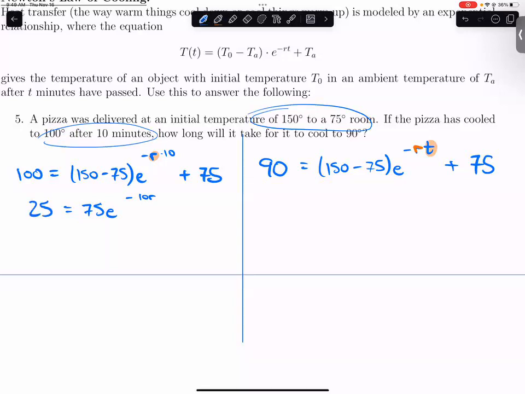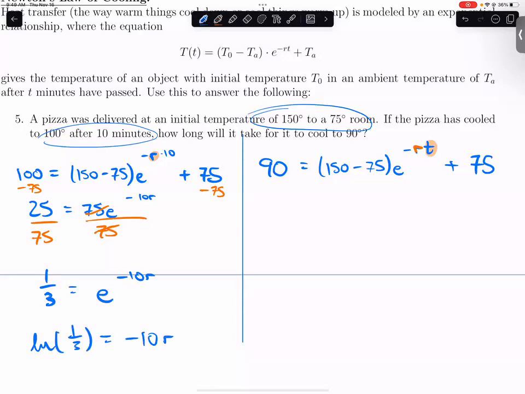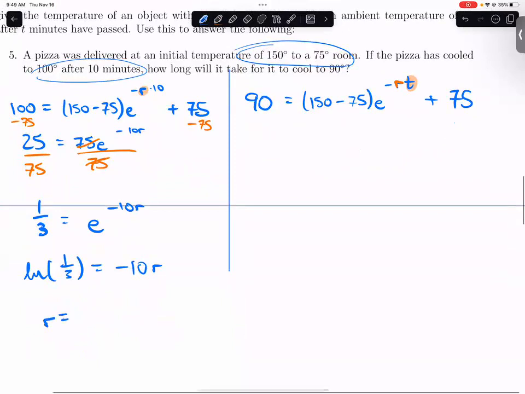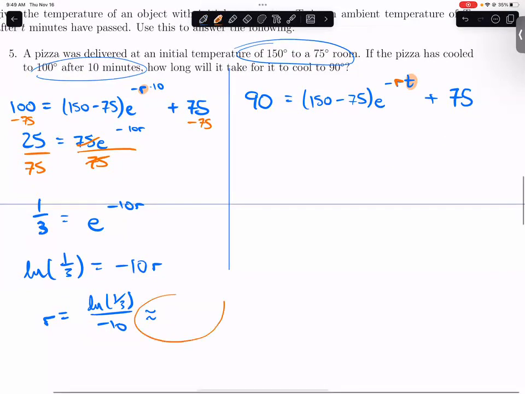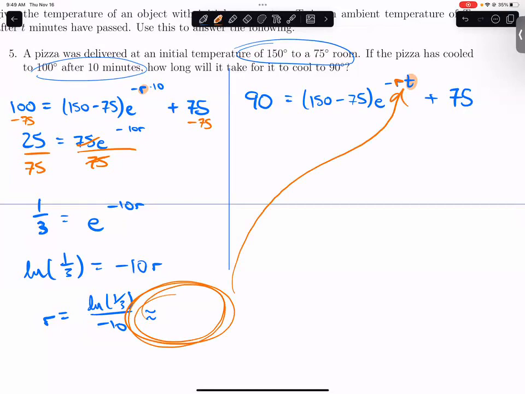I'm going to subtract 75, then I'm going to divide by that, and then take a log. So r is whatever the natural log of 1/3 divided by negative 10 is. I'm going to take that value and substitute it in here.